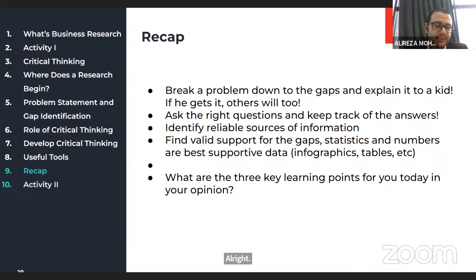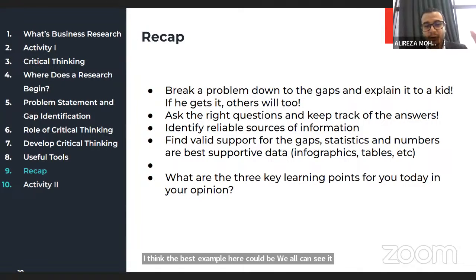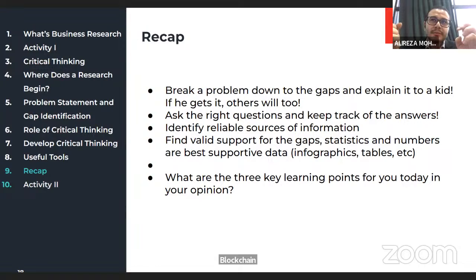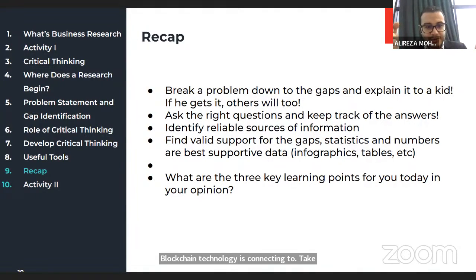I think the best example here could be, we all can see it, refer to 40, 50 years ago research, look at the way they approached problems and the recent ones. We can see that different topics are emerging. For example, blockchain is emerging with health sciences, or security is emerging with cloud computing. Blockchain technology is connecting to technology adoption research topics.